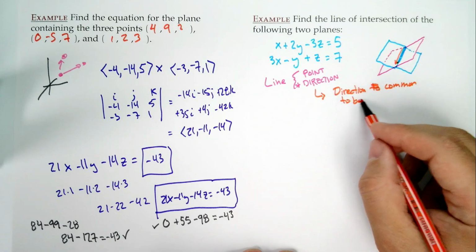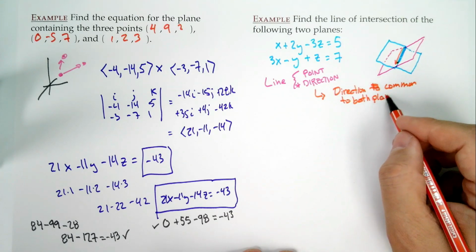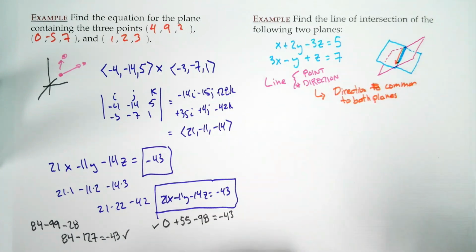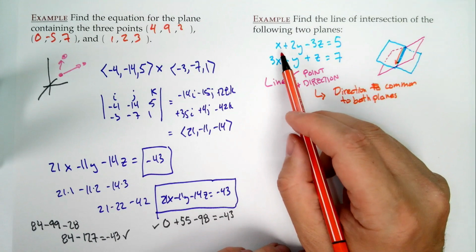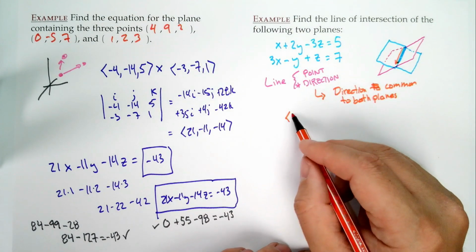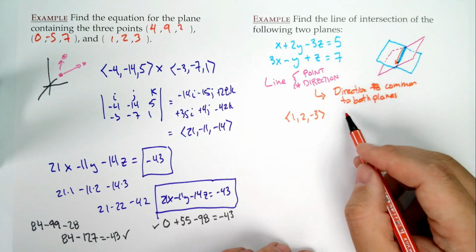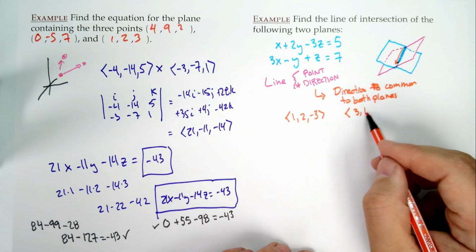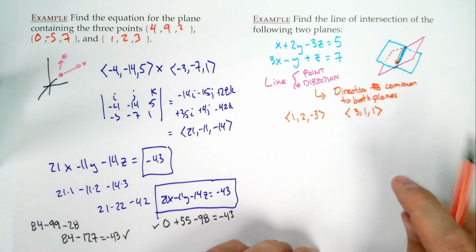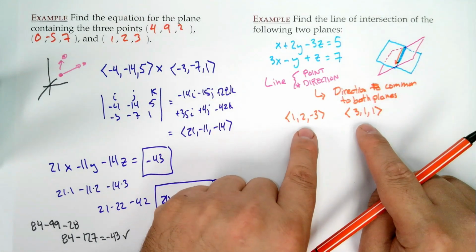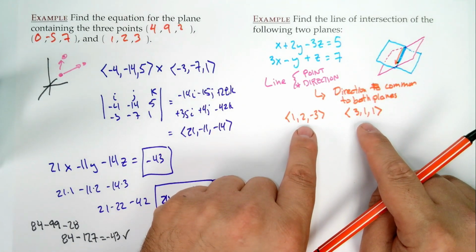All right, so how do we use that information? Well, whenever we think of planes, we always think of normal vectors. So let's think about what the normal vectors are. It's 1, 2, negative 3, because we can read off these coefficients, and 3, negative 1, 1. So these are not the directions of the line. For one thing, the line should only have one direction.